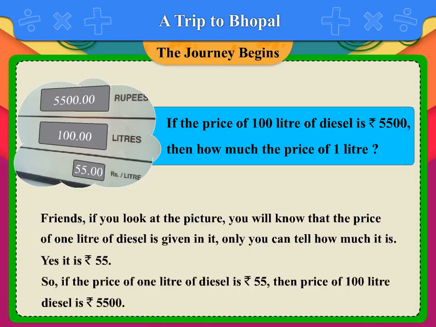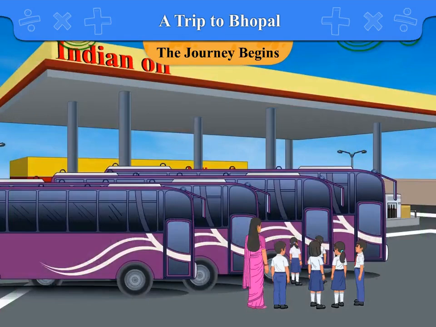So, if the price of 1 liter of diesel is rupees 55, then the price of 100 liters of diesel is rupees 5,500. As the buses are being refilled, some children go to the toilet near the petrol pump. Aman took as much time as the bus took to come out from the toilet.